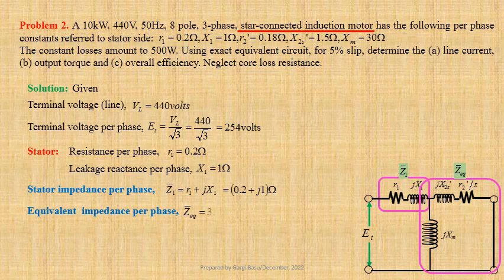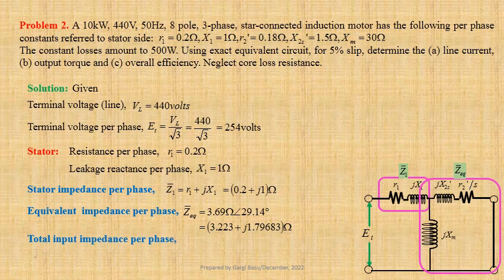We have obtained equivalent impedance per phase ZDQ equals 3.69 ohm at an angle 29.14 degree. This may be written in Cartesian form as 3.223 plus j1.79683 ohm. Now we shall determine total input impedance per phase. Zin equals Z1 plus ZDQ. Using values we get 3.423 plus j2.79683 ohm.